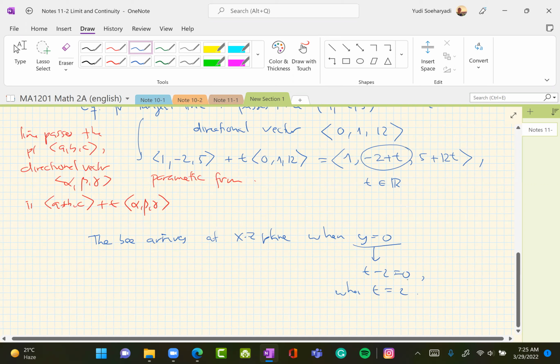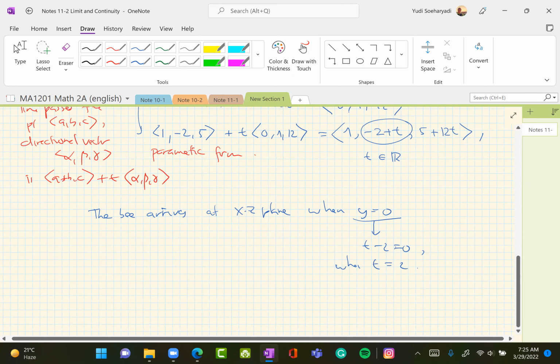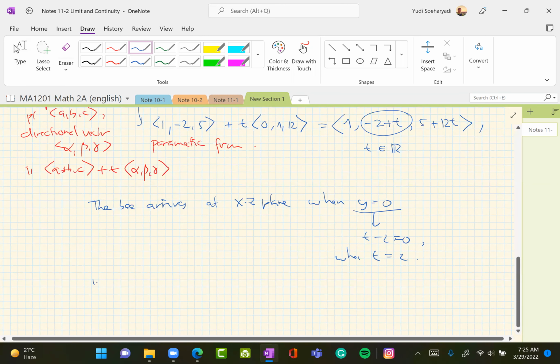Okay. So when t equals 2, this is the position.